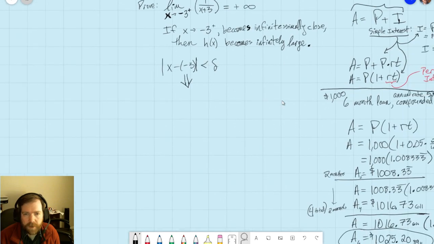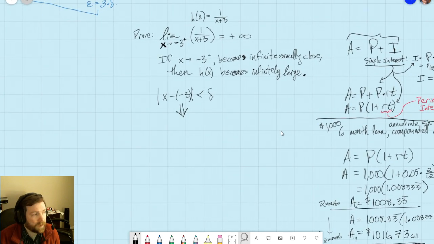Then I said it's also going to be non-trivial on something like this, where we say, okay, if x is approaching -3 from the positive direction, this value is going to become infinitesimally close to -3, and then h of x is going to become infinitely large.